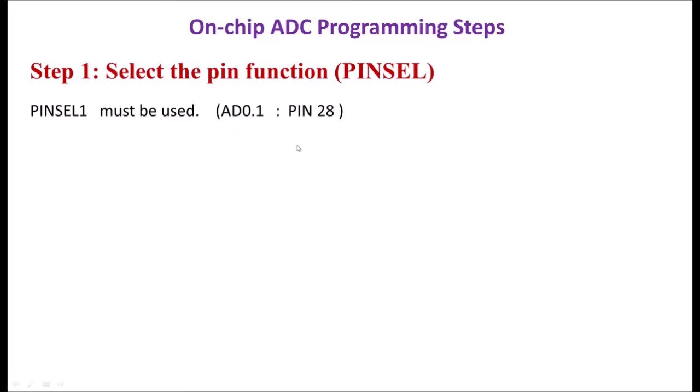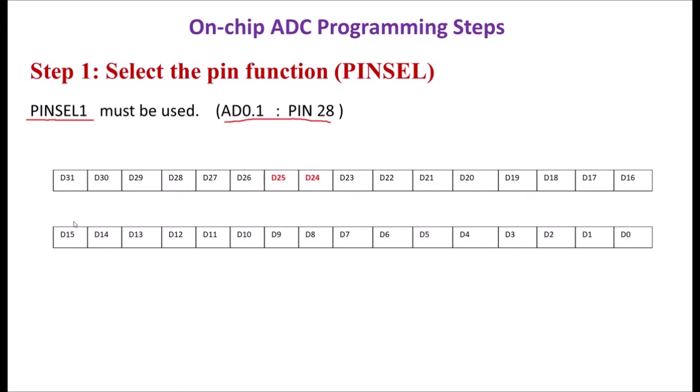If we are using AD0.1, which is pin number 28, we have to use pin select register 1, PINSEL1. This is a 32-bit pin select register, and 2 bits are used for each pin.